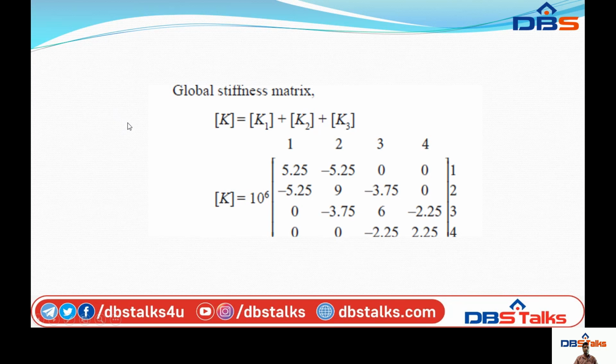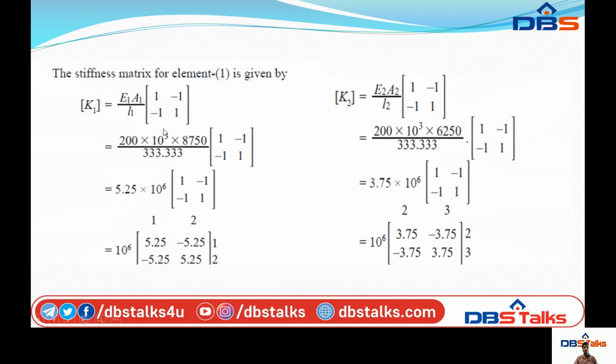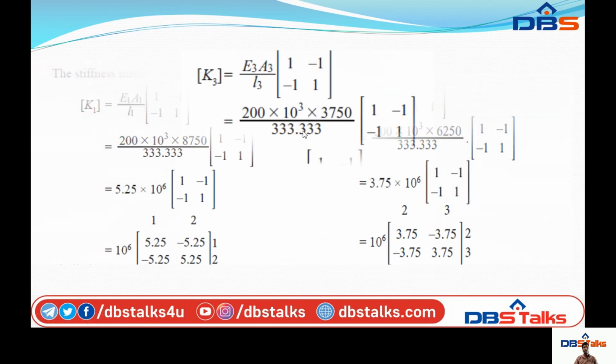The first step is the discretization process, then the connectivity table, then calculation of the element stiffness matrices, and then summing all the stiffness matrices into one matrix, which is called the global stiffness matrix. So I am calculating the global stiffness matrix, K equal to K1 plus K2 plus K3. In the previous slide, I calculated the element stiffness matrices for element 1, element 2 and element 3.